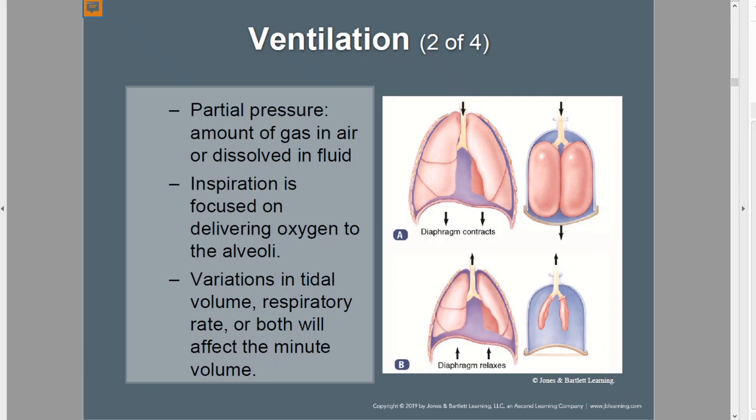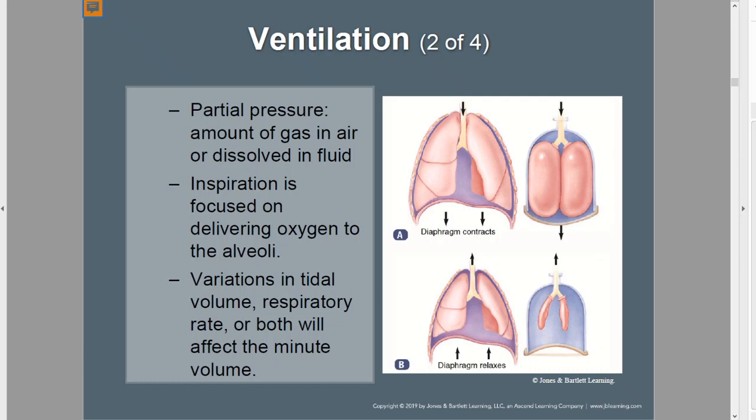It's descriptive for how much of a certain gas, CO2, O2, right, is in the blood. It's usually measured in millimeters of mercury, and the body is attempting to equalize this partial pressure, which results in diffusion. Oxygen diffusing across the membrane, right?